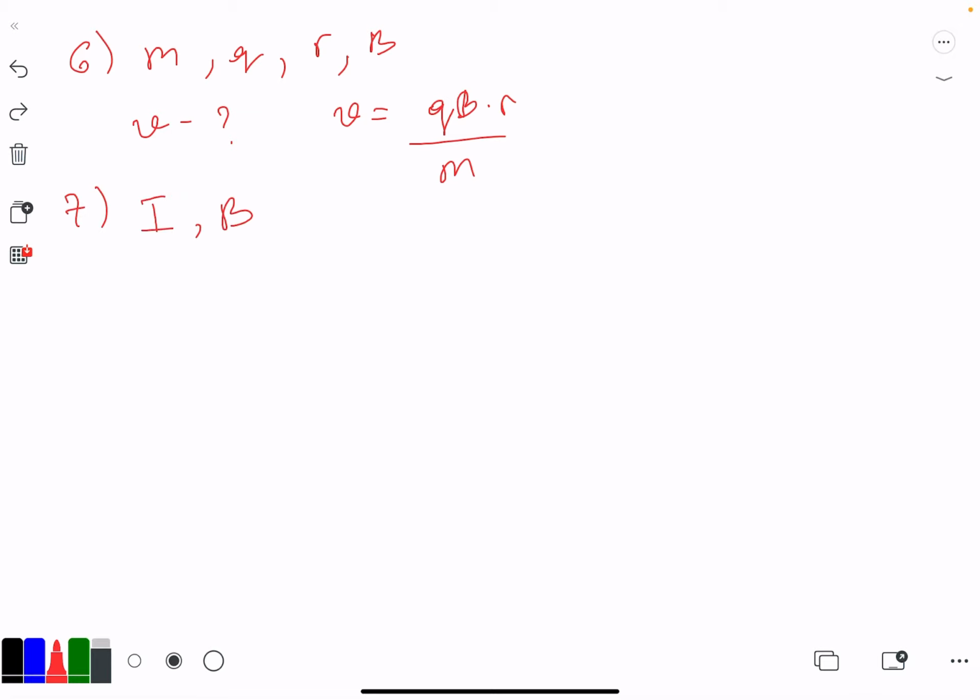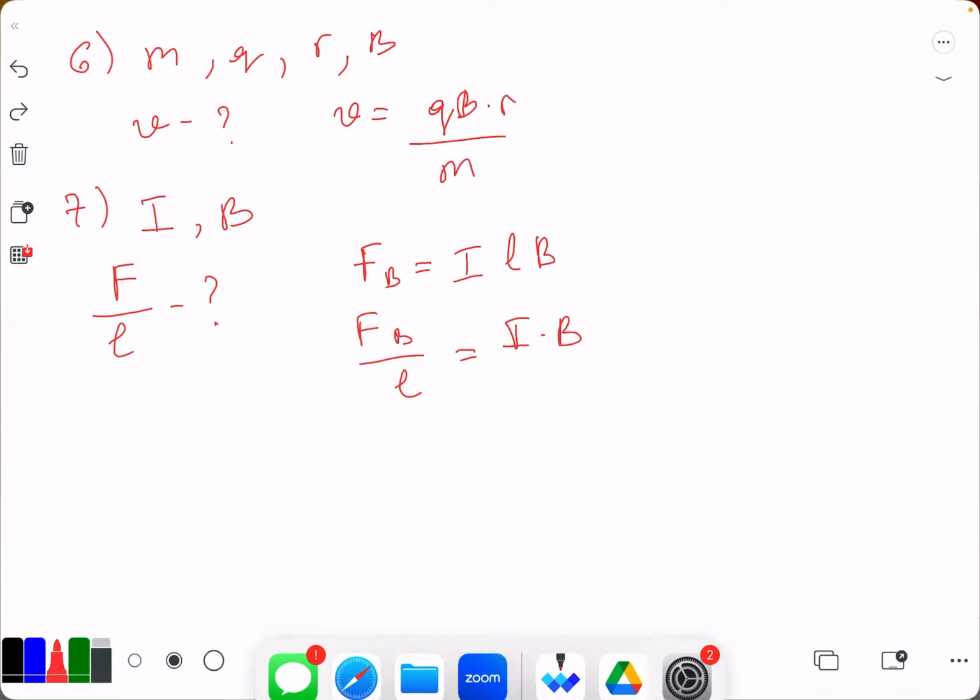You have to find the force per unit length, F over L. We know the formula where the magnetic force on a current-carrying wire is the current multiplied by the length multiplied by the magnetic field, so F_B over L will be equal to the current times B. Again, you plug in the numbers for I and B and you will get F_B over L.